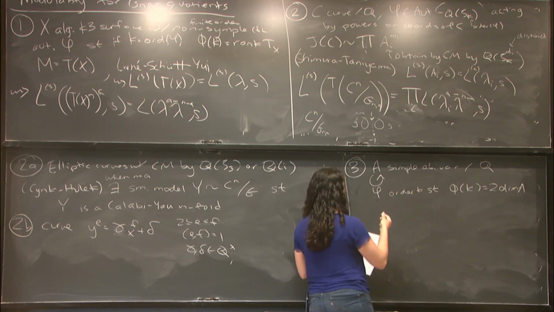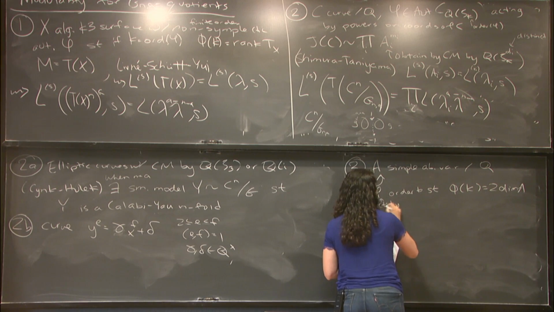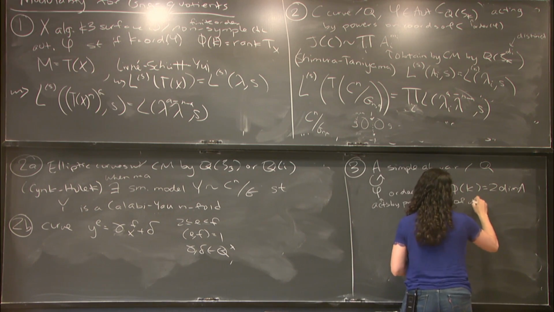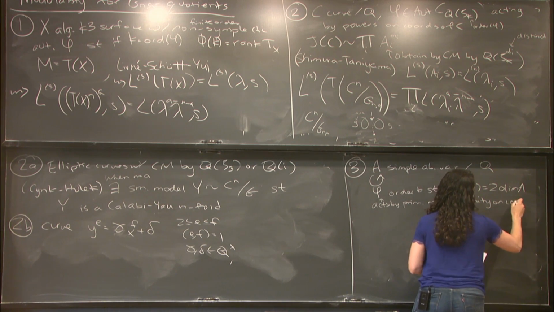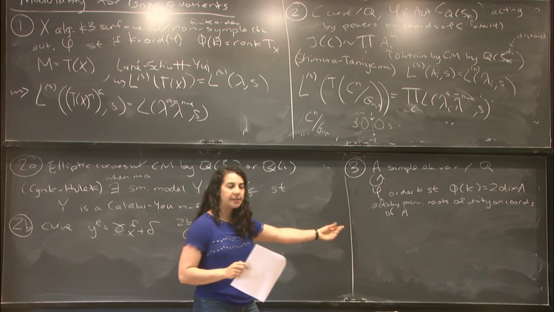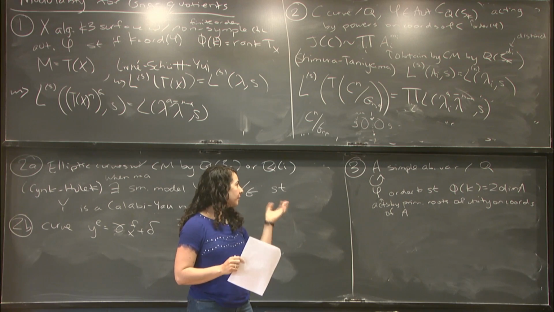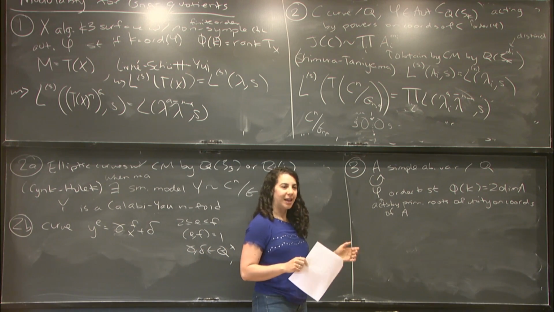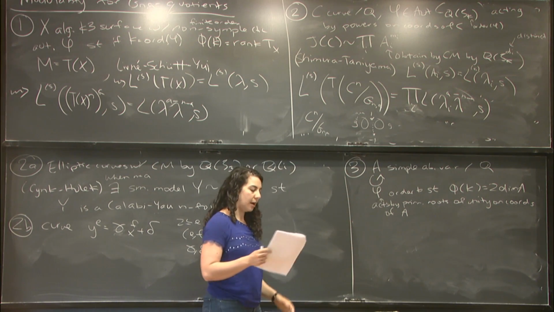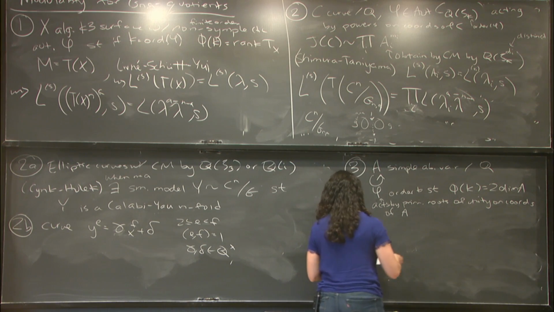And moreover, I want phi to act by primitive roots of unity on the coordinates of A. By which I mean, think of A as a complex torus, a quotient of C to the whatever mod some lattice, and now think of phi acting on those complex coordinates.